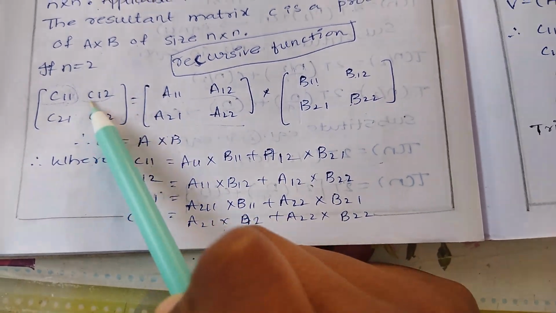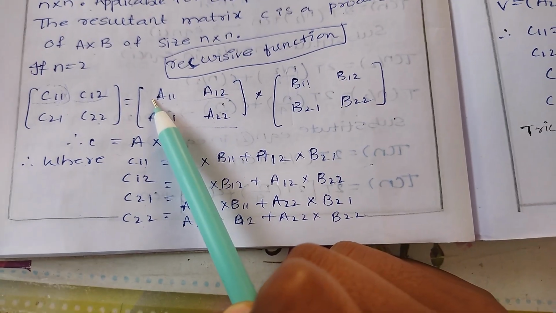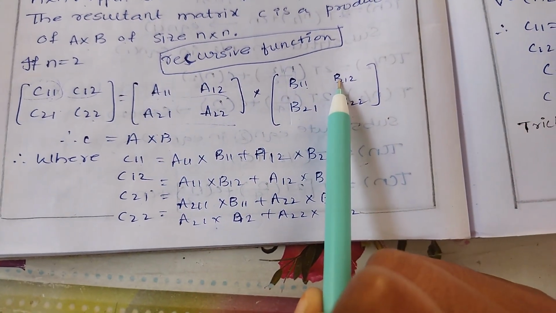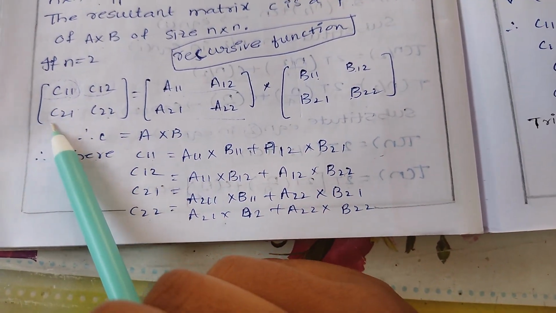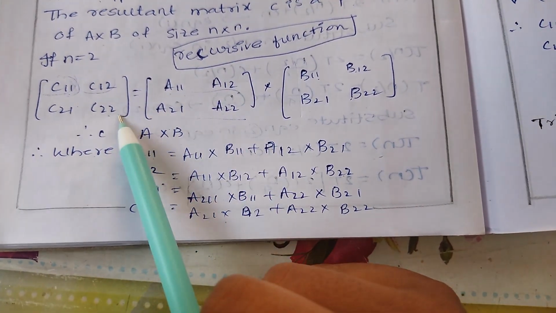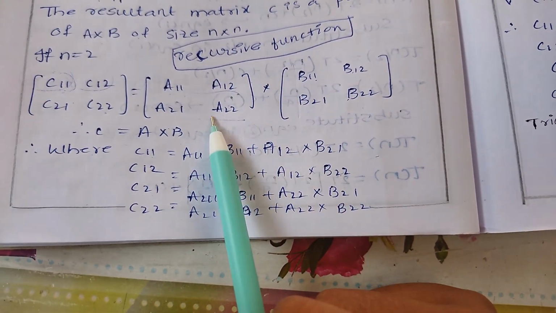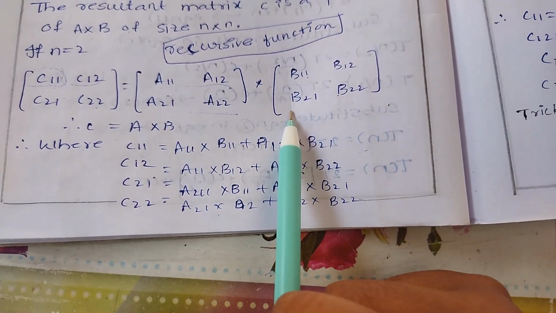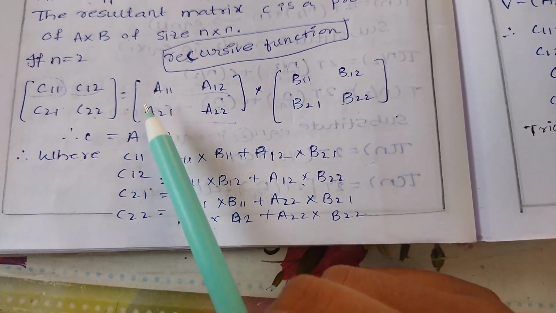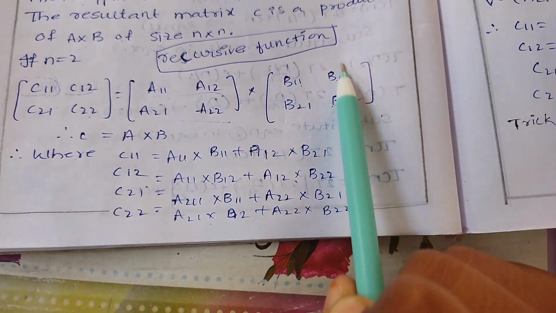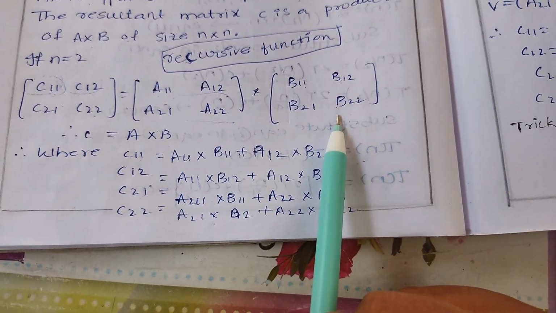For C12, first row and second column: A11 into B12 plus A12 into B22. Finding the C21 value, second row, first column: A21 into B11 plus A22 into B21. For finding the C22 element, second row, second column: A21 into B12 plus A22 into B22.